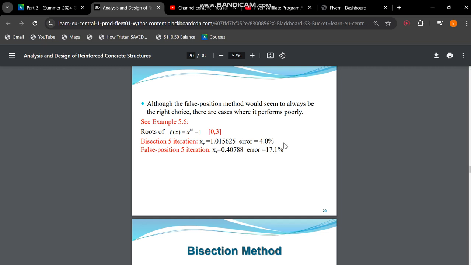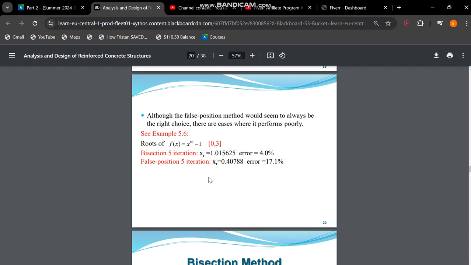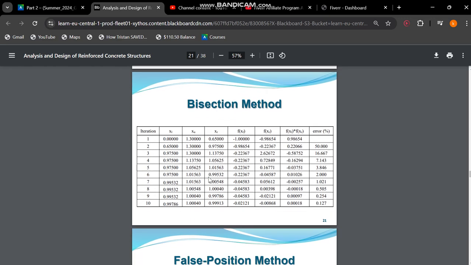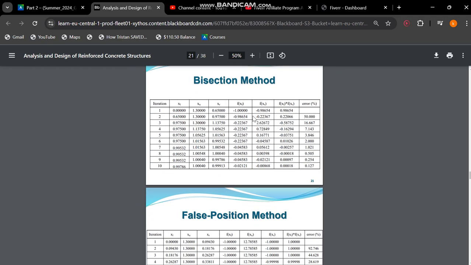In this case specifically, you can solve this problem. As you can see, in the fifth iteration you get 4% error over here, and here you get 17.1%. So sometimes there can be errors in certain situations, but generally speaking, false position is a better method than bisection.